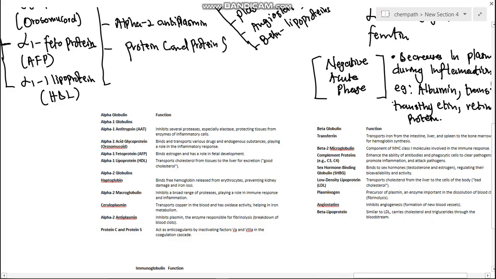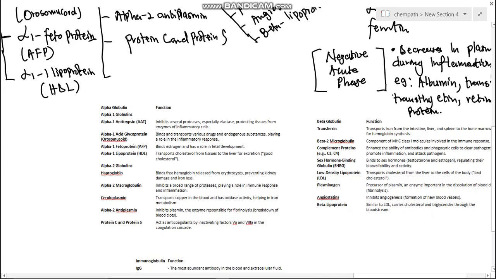Then we have alpha 2 macroglobulin. It inhibits a broad range of proteases, playing a role in immune response and inflammation. Then we have ceruloplasmin, which transports copper in the blood and has oxidase activity, helping in iron metabolism.